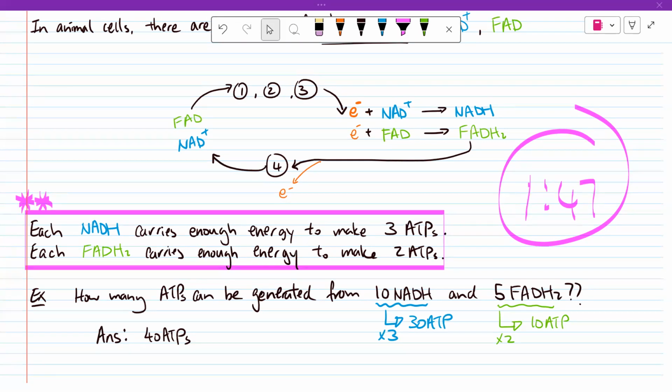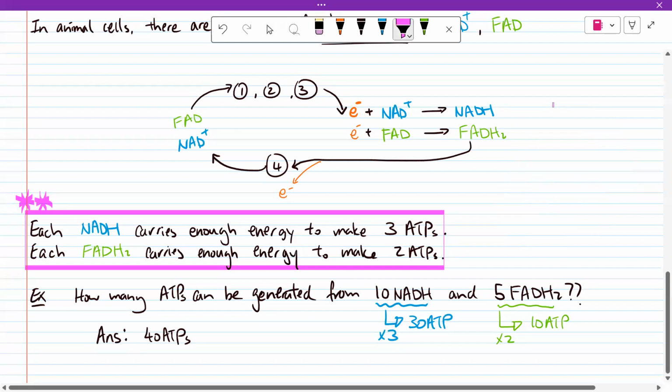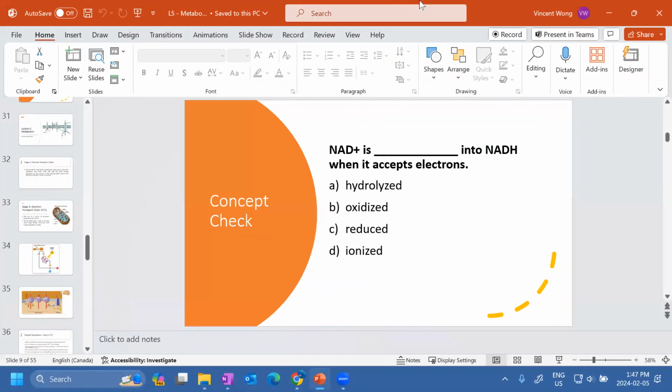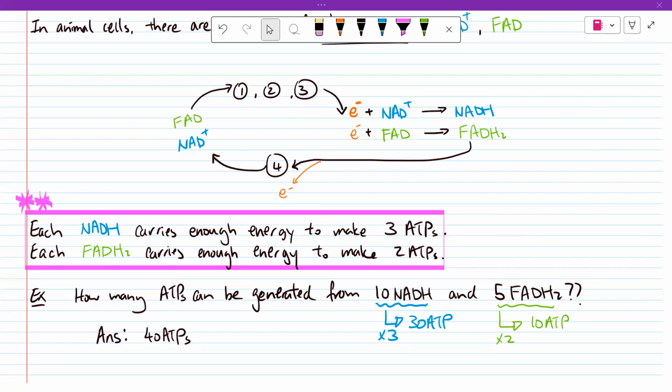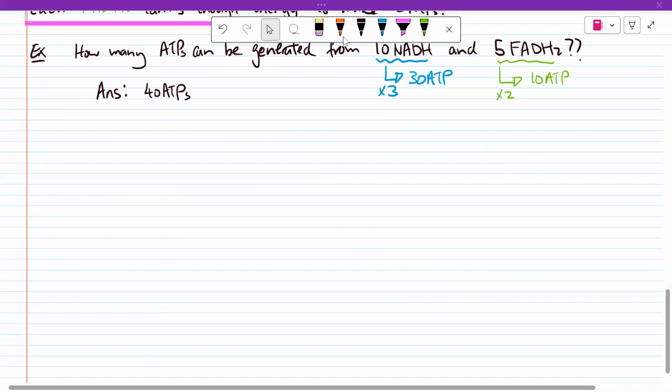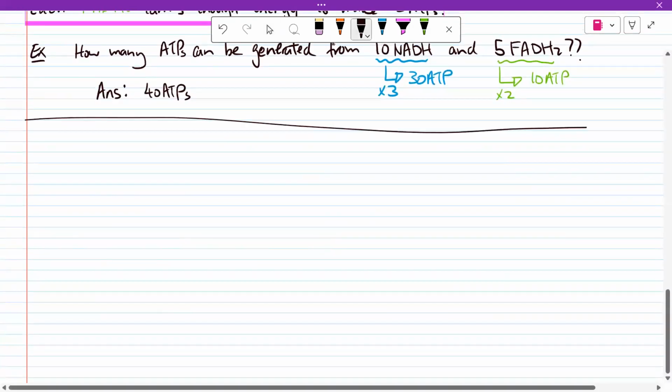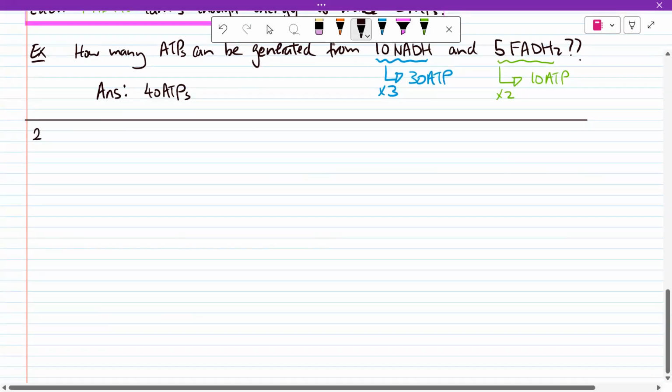Okay, let's continue our discussion here and spend a little bit of time talking about how ATP is actually being produced. Okay, so we'll just continue with our notes here.